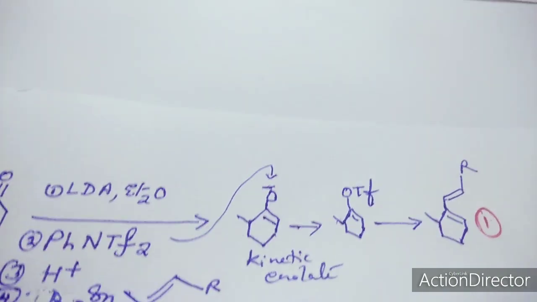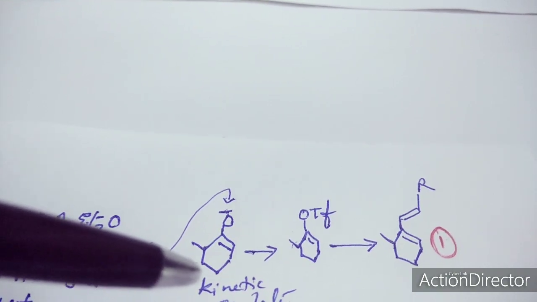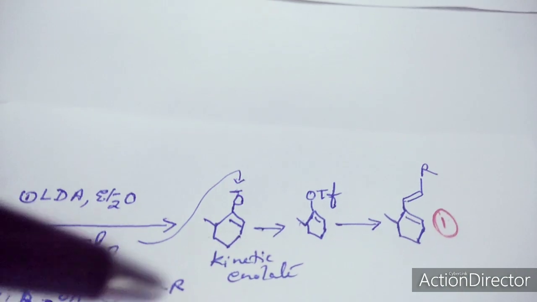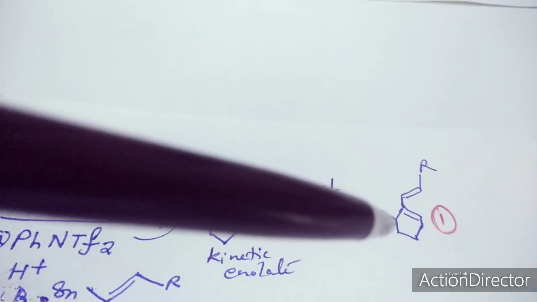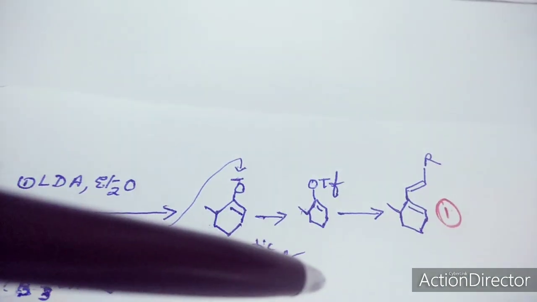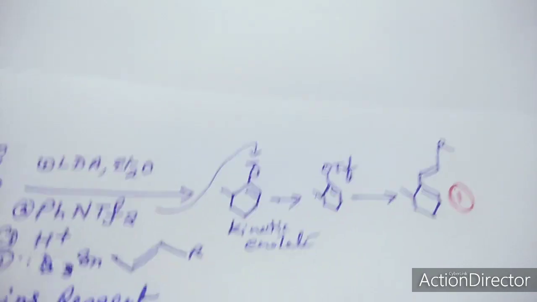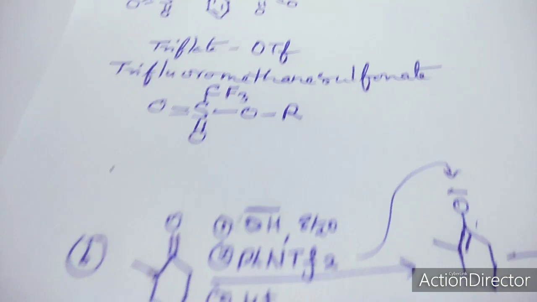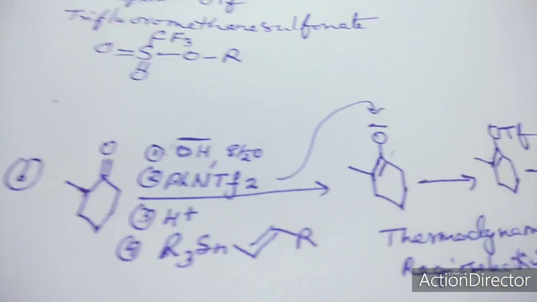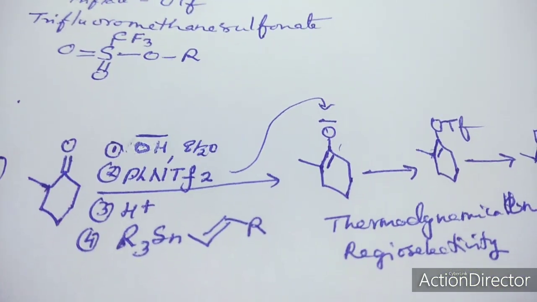This will then react with our organotin compound, and this organotin here, this will form this type of a product. So this is the product that is formed. Let us see in the second case. In the second case, where we have taken a weak base.